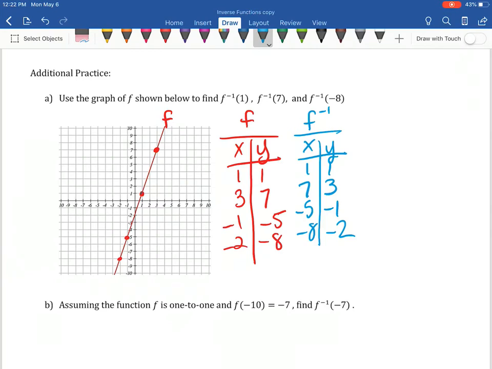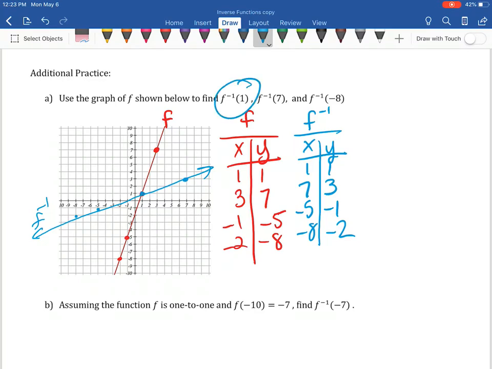When I go ahead and plot those, I have 7, 3, and I have -5, -1, and then -8, -2. So here's the graph of the inverse.